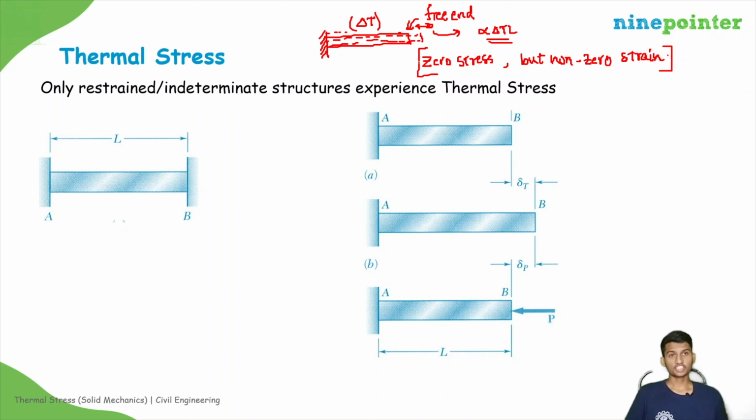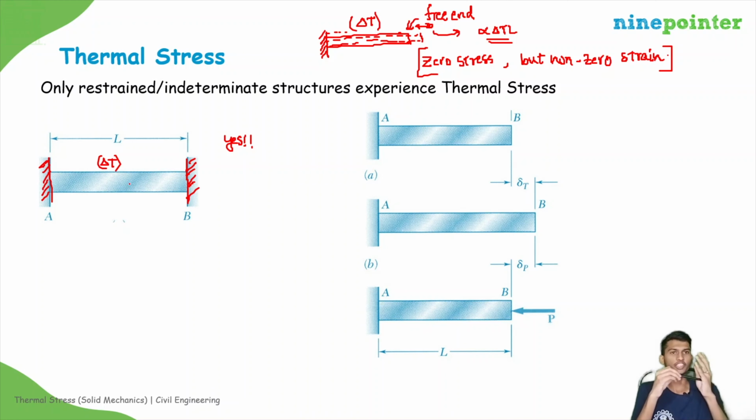So without any resistance. But if you take two fixed supports, this one support, this is one support. Now if you increase the temperature by delta T on this system, will there be stress developed? Yes, because here there is no way to expand.